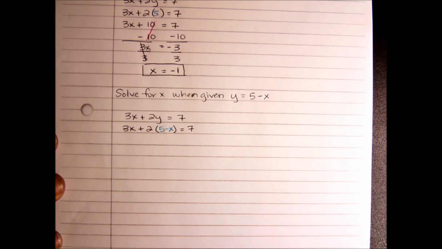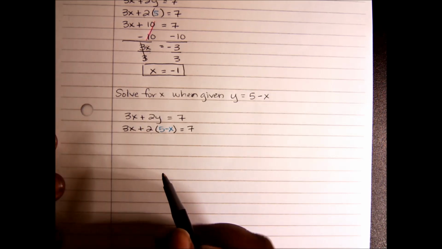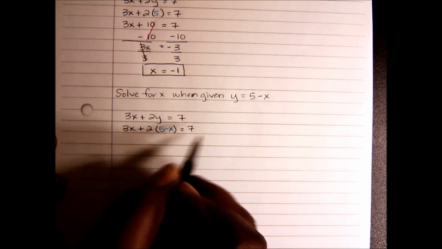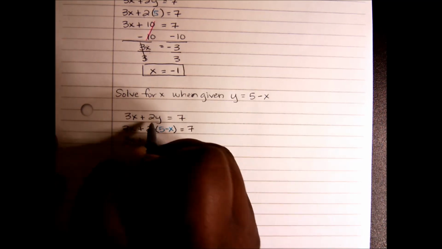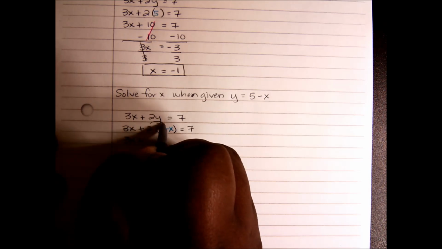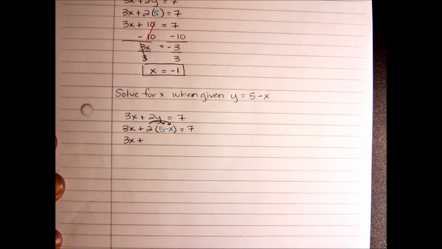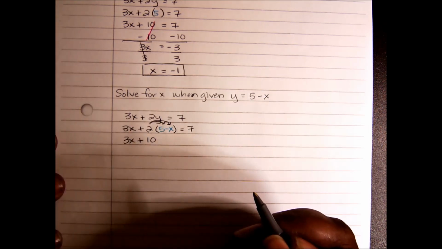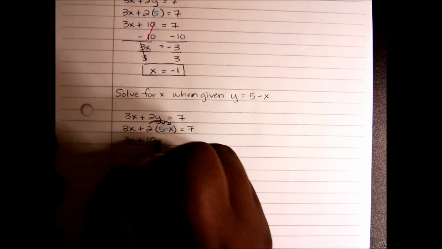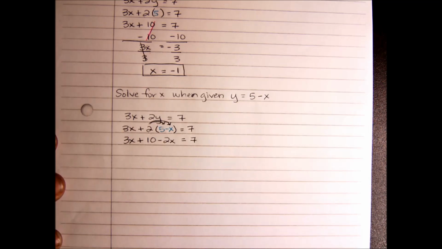Now remember, with the parentheses, there's a number right outside, means we're going to have to distribute. But let's again work from left to right. So 3x plus, and then we're going to multiply 2 times 5 and 2 times negative x. 2 times 5 is 10, and 2 times negative x is negative 2x, and all of this is equal to 7.